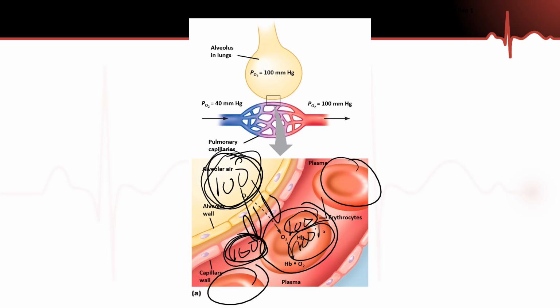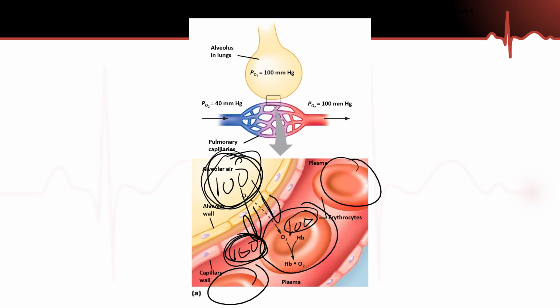Now, why is this important? Well, because so little oxygen up to this point has actually come into the bloodstream, right? Very, very little oxygen molecules actually came into the blood plasma and the intracellular fluid of the red blood cells to drive the partial pressure of oxygen within the blood plasma and the red blood cells up to 100 millimeters of mercury.